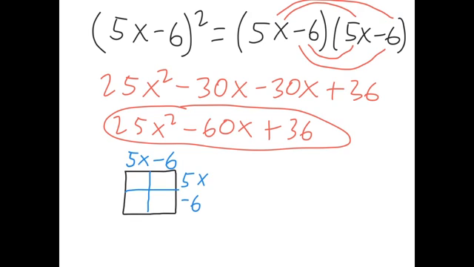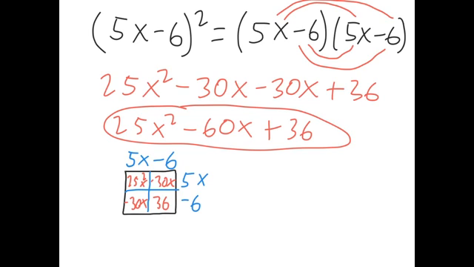And then multiply everything. So 5x times 5x is 25x squared. 5x times negative 6 is negative 30x. Negative 6 times 5x is negative 30x. And negative 6 times negative 6 is a positive 36.